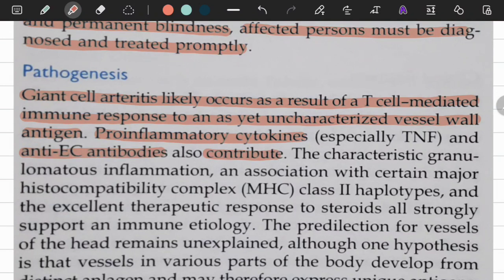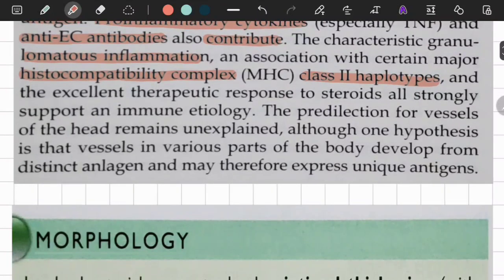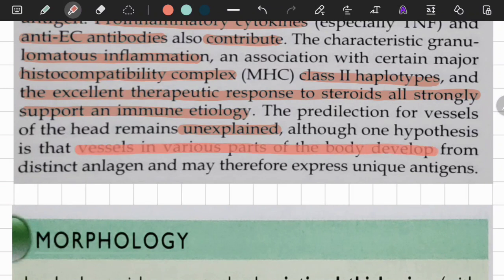The characteristic granulomatous inflammation, association with certain major histocompatibility complex class II haplotypes, and excellent therapeutic response to steroids all strongly support an immune etiology. The predilection for the vessels of the head remains unexplained, although one hypothesis is that vessels in various parts of the body develop from distinct antigens and may therefore express unique antigens.